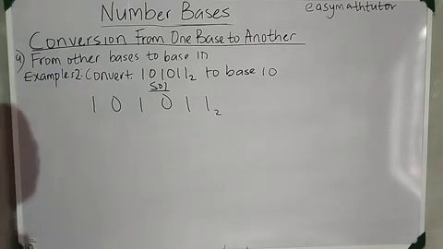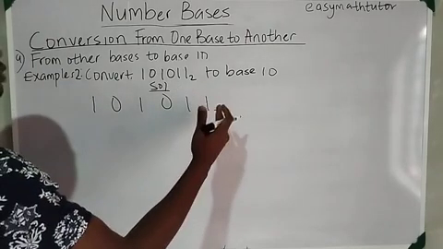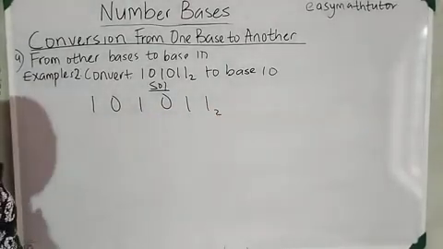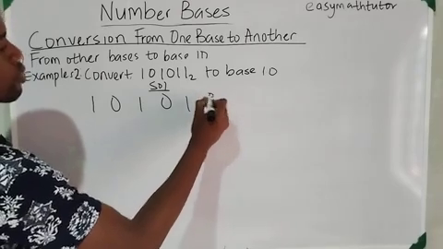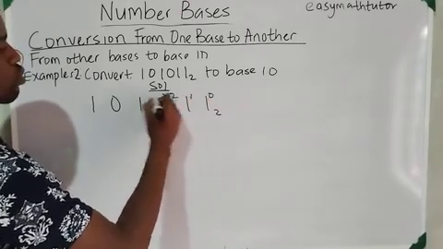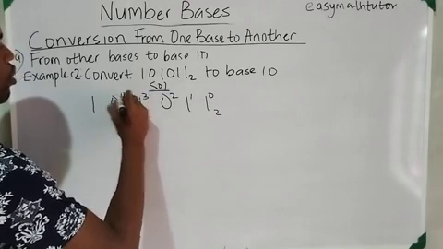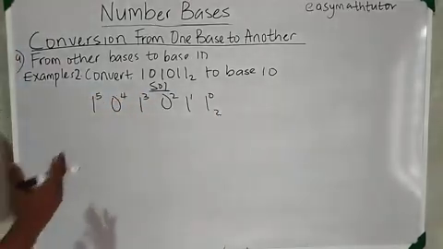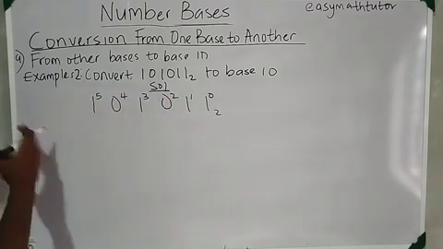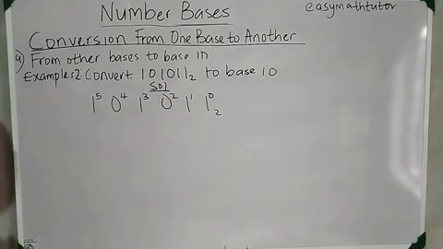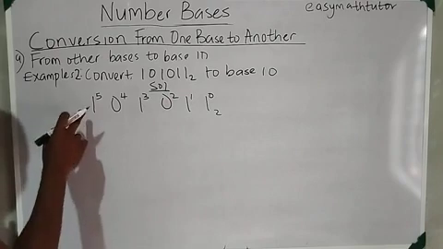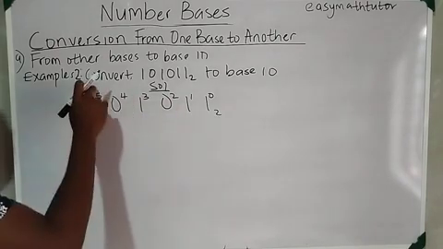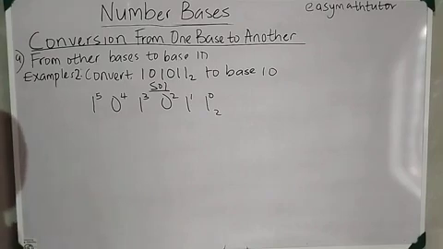The next step is to give them powers, starting from the right-hand side back to the left-hand side. And we start from a power of 0, 1, 2, 3, 4, and 5. So the powers keep increasing by 1 the more you move towards the left-hand side. The third step is to multiply each number by the base raised to its power or exponent.